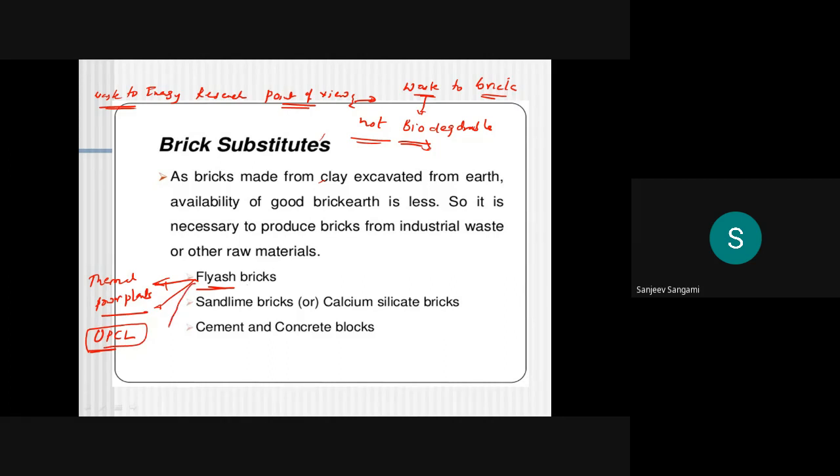Again, one of the best examples of utilization of fly ash is in bricks.